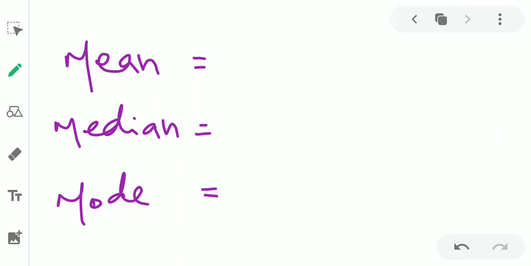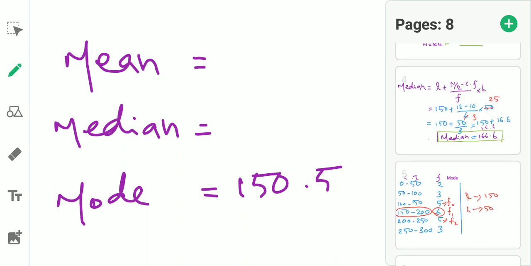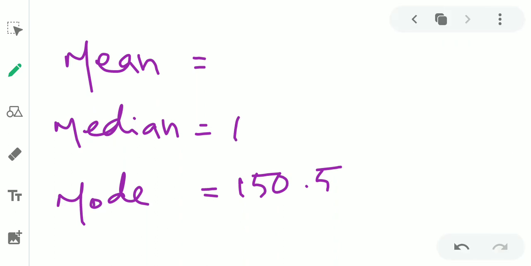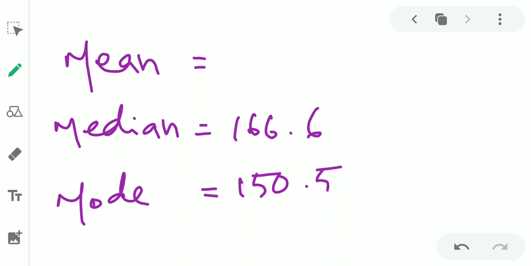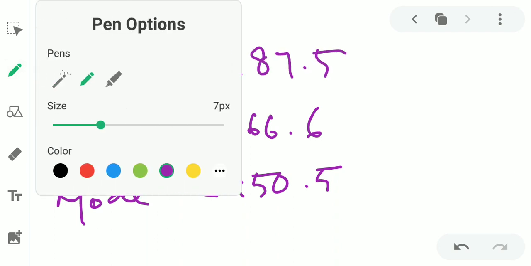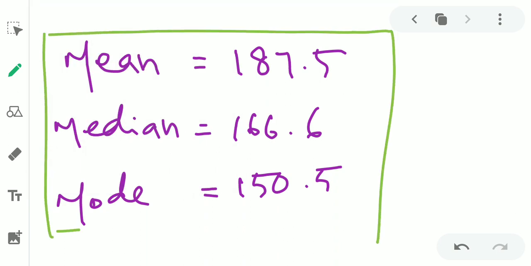So mode is 150.5, and the median value we will check, 166.6, and we will check the mean, 187.5. So all three answers we got. So put them in a tabular column and box. So this is the answer we get.